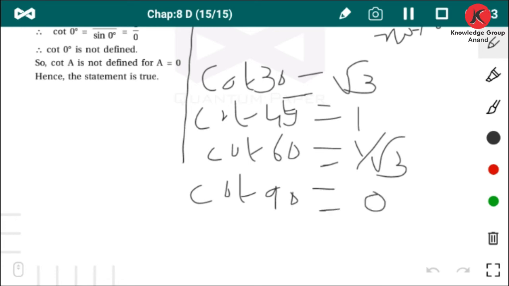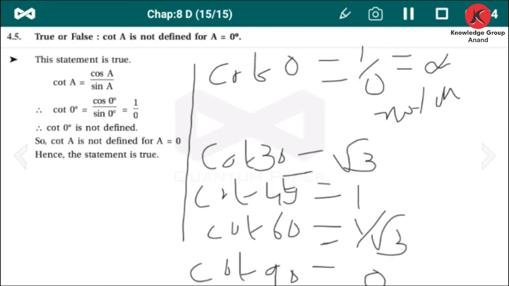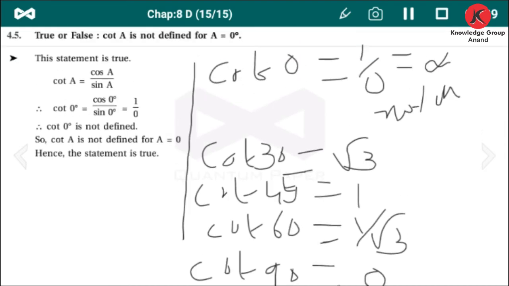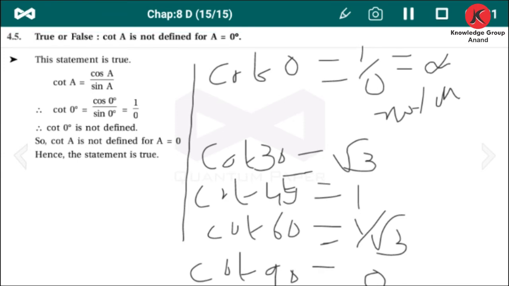So cot 0 is 1 upon 0, which is not defined. Therefore cot A is not defined for A equal to 0. Hence the statement is true.